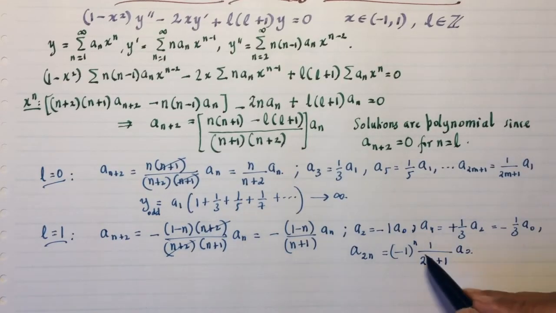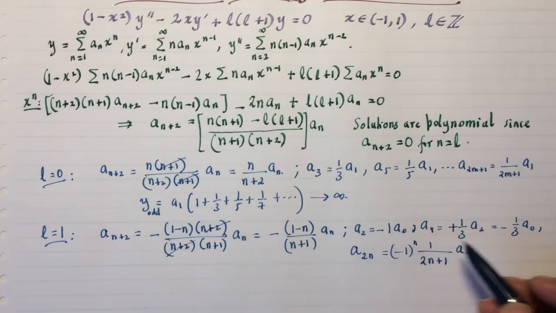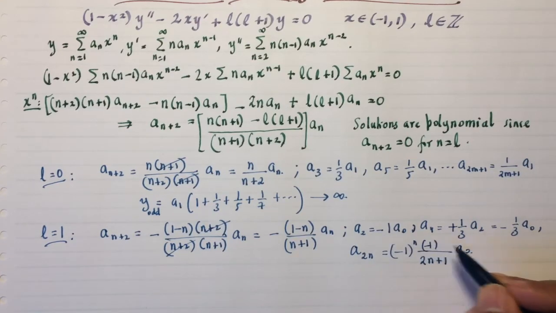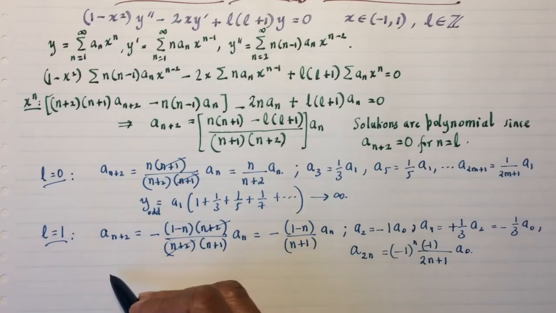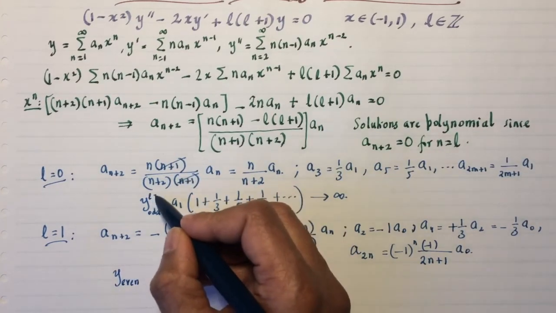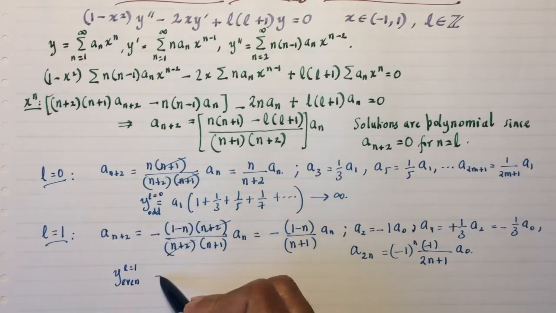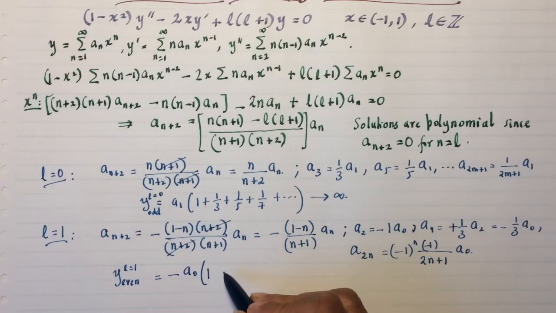Let's see if this works. n equals 0. It does not work, so I'll put negative 1 over here just to make sure it works. Okay, now it'll work. That's a general term. So the even series, y even for L equals 1, that's for L equals 0, that's for L equals 1, ends up being negative a naught times 1.